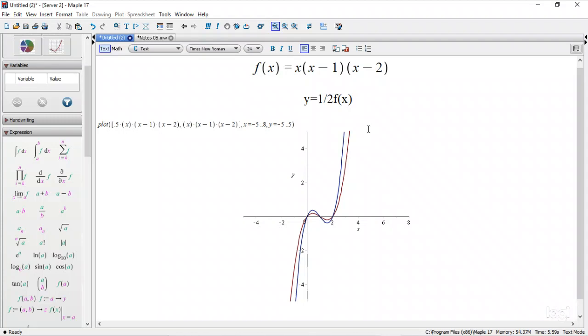Now let's discuss what will happen with mod x. In the previous section we discussed f(mod x). What kind of graph are we expecting?